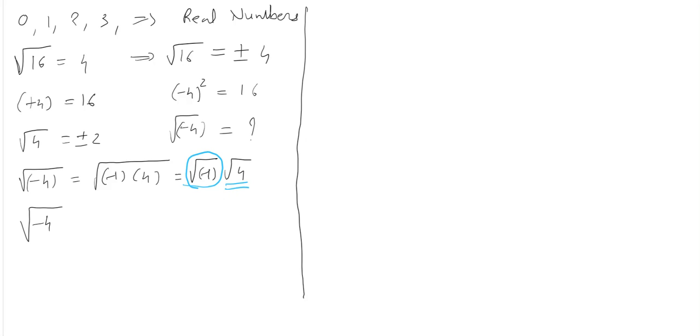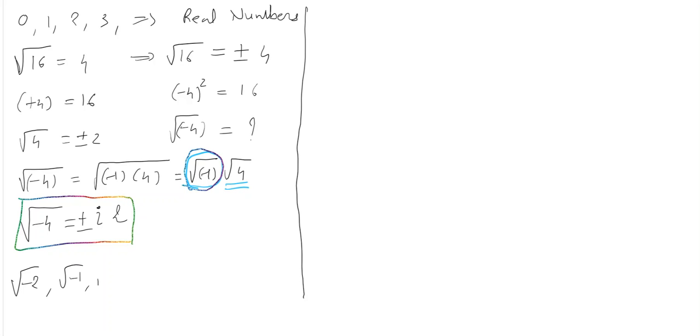So the square root of minus 4 is i times 2. You can write plus or minus 2 also, it's okay. So such numbers, where the square root of minus 1 is involved, are called imaginary numbers. So what are the imaginary numbers? Square root of minus 2, square root of minus 1, square root of minus 16 and so on.